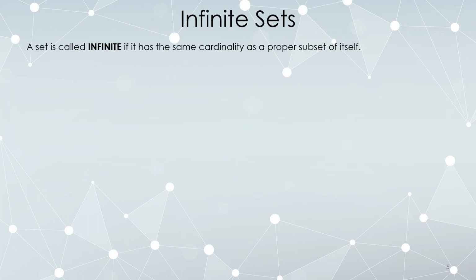So I can somehow remove elements from the set to make a proper subset that can still be put into a bijection with the original. So there is some subset which is not the same thing as the original, but has the same cardinality. There is a bijection between the set A and a subset of itself, which isn't everything.